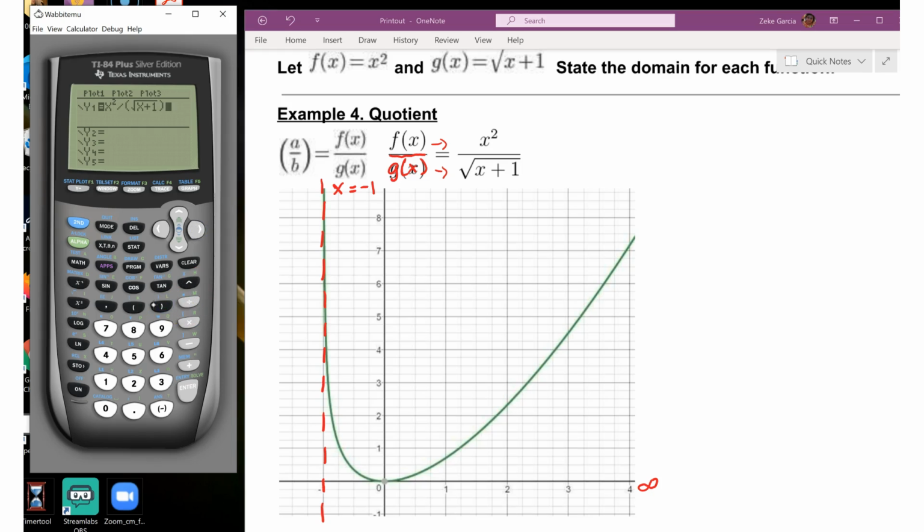And there we go. So we have x squared divided by the square root of x plus 1. I'll give you a couple of seconds to write that on your calculator.